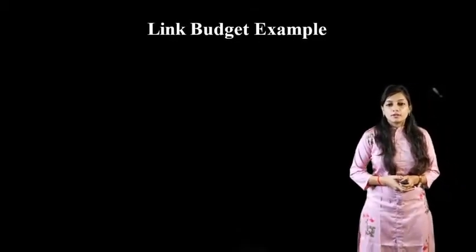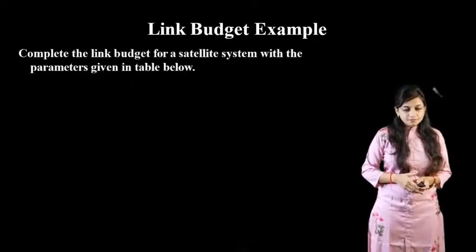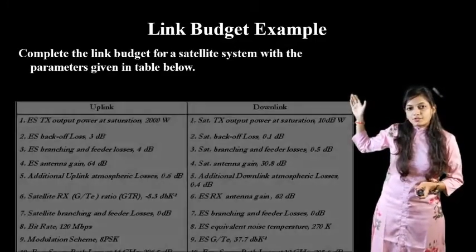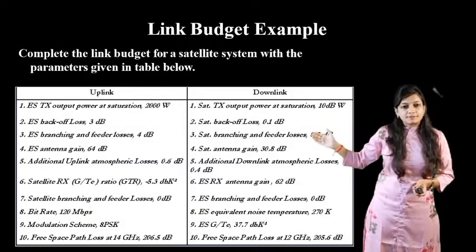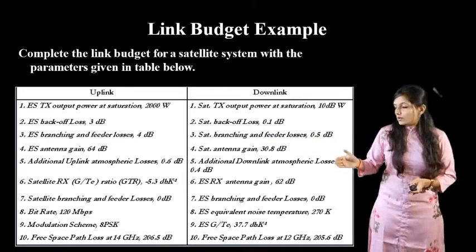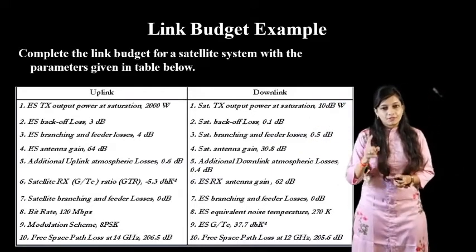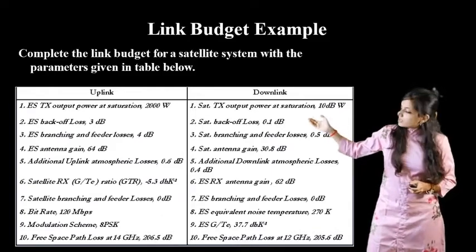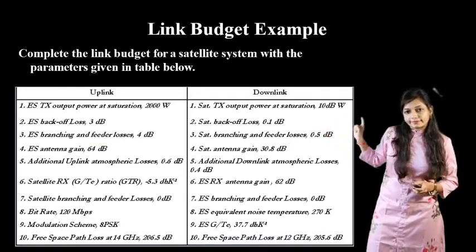Now I am going to give you one example of a link budget. To complete the link budget for a satellite system with the parameters given below, for link budget calculation we need to understand the difference while calculating for uplink and for downlink. First, for uplink, the earth station transmitting output power at saturation is 2000 watt.